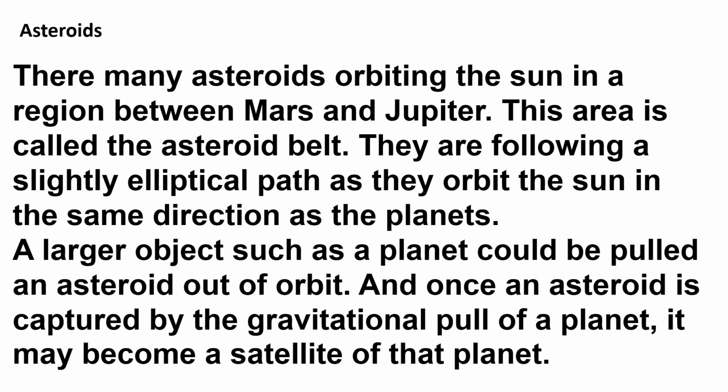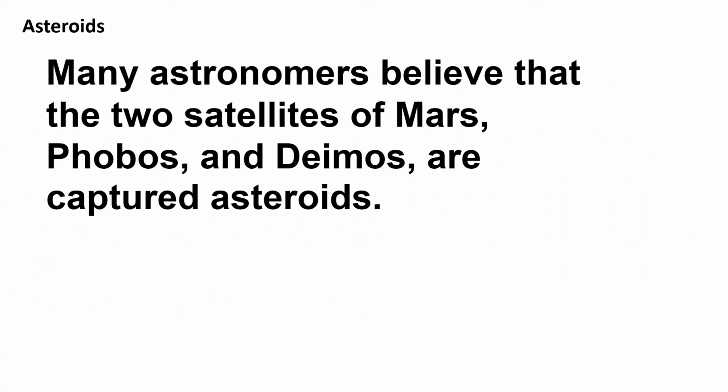A larger object such as a planet could pull an asteroid out of orbit. Once an asteroid is captured by the gravitational pull of a planet, it may become a satellite of that planet. Many astronomers believe that the two satellites of Mars, Phobos and Deimos, are captured asteroids.